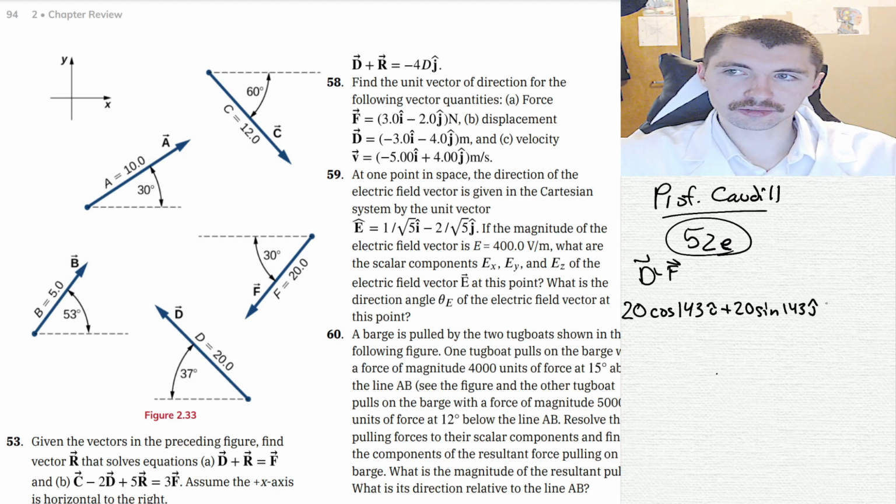So that's D. And we want to subtract 20 cosine 210 degrees.